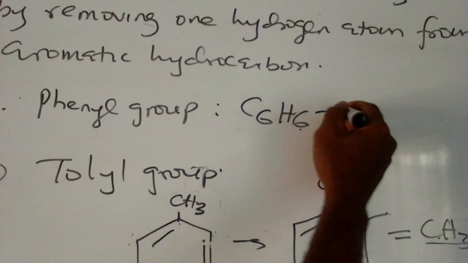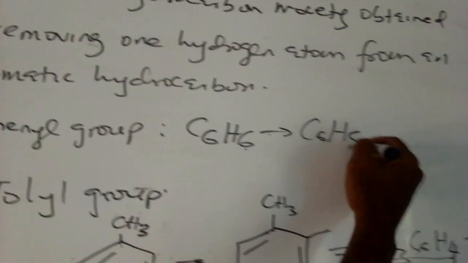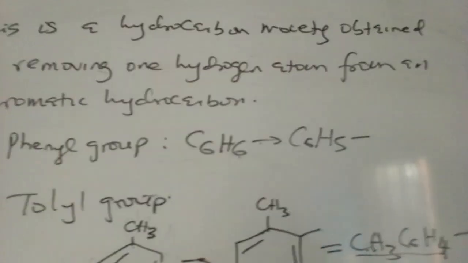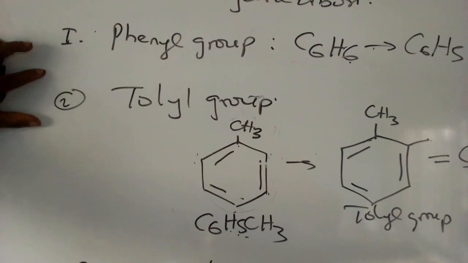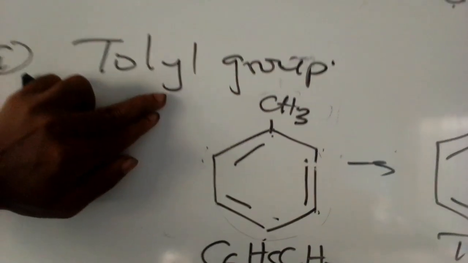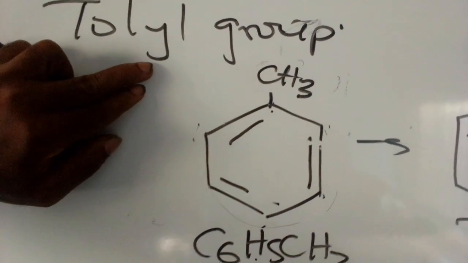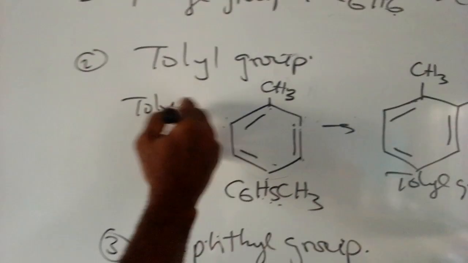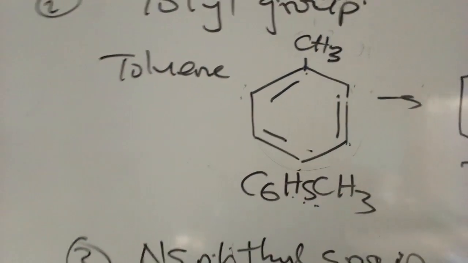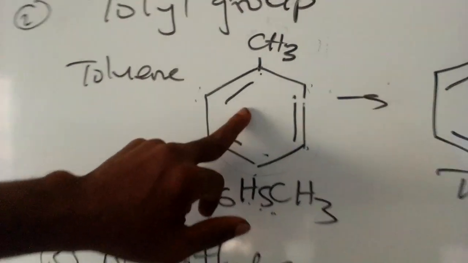Remove one hydrogen atom and you have C6H5, called the phenyl group. Then we have other aromatic compounds, like the toluene group from toluene, otherwise known as methylbenzene. That is the toluene structure.